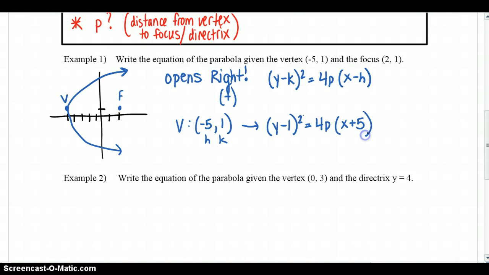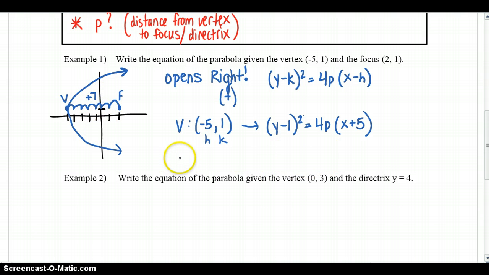And then the last piece is to figure out what p is. Remember, like I said, p is the distance from the vertex to either the focus or the directrix. In this case, since I have the focus, it'll help me to know that it's the distance from the vertex to the focus. So I should be able to count that out. 1, 2, 3, 4, 5, 6, 7. So I'm moving 7 to the right.